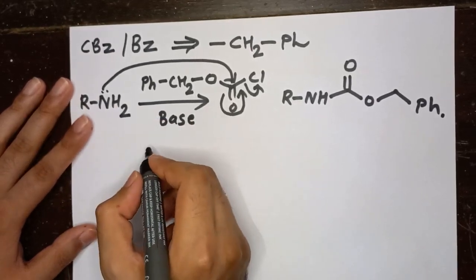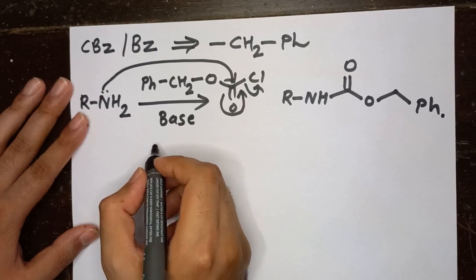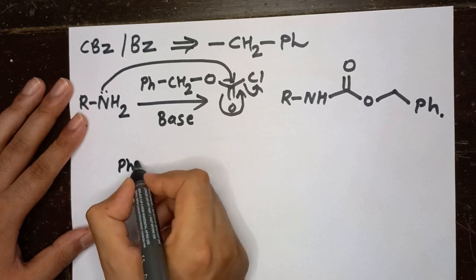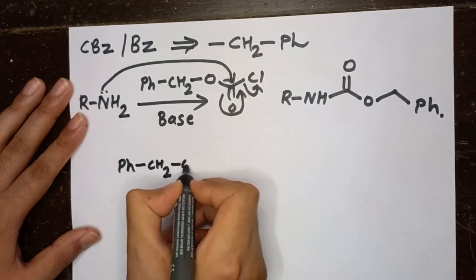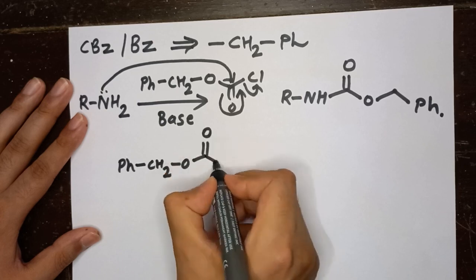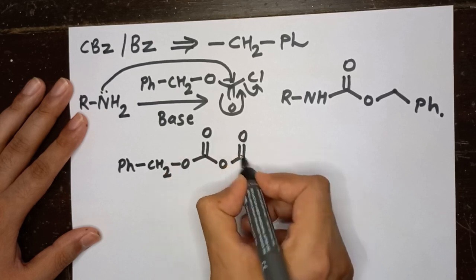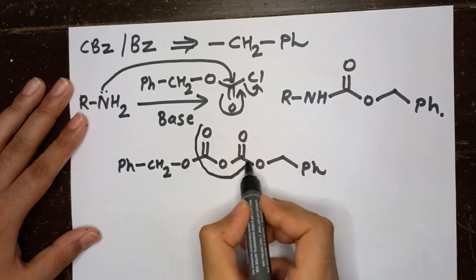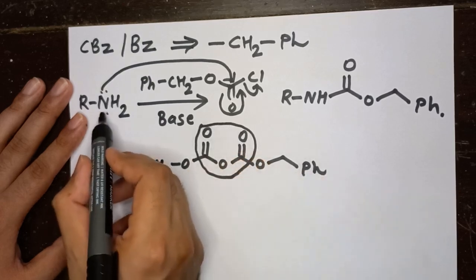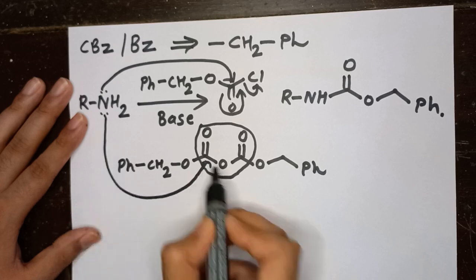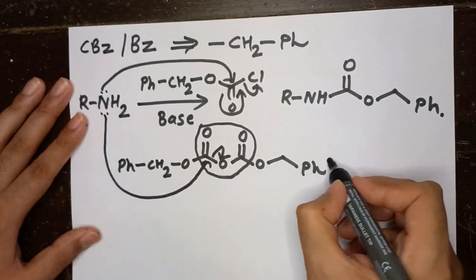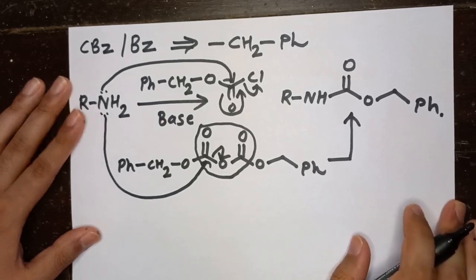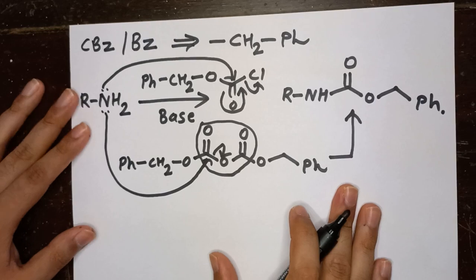Another reagent that can be used is the corresponding benzyl anhydride, PhCH2O-C(=O)-O-C(=O)-OCH2Ph. So this is an anhydride version of it. In similar fashion, this nitrogen lone pair attacks this carbonyl, this whole group leaves, and you generate the Cbz protected amine group. So this is about protection.